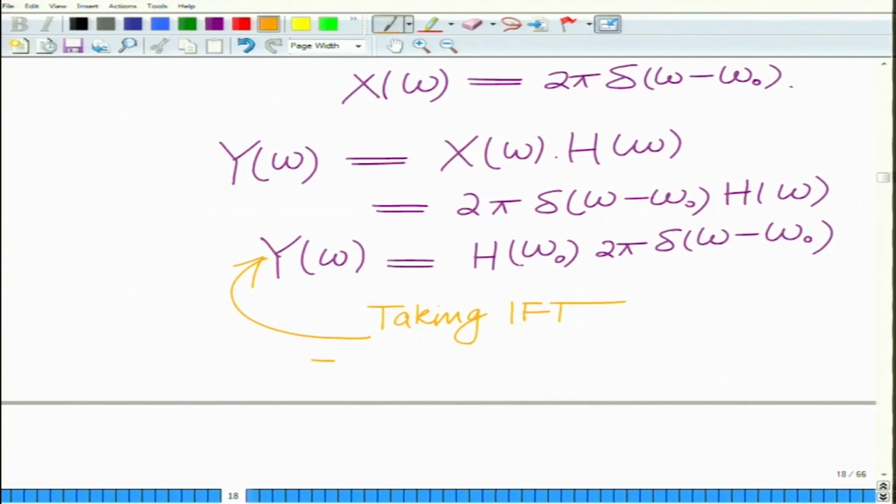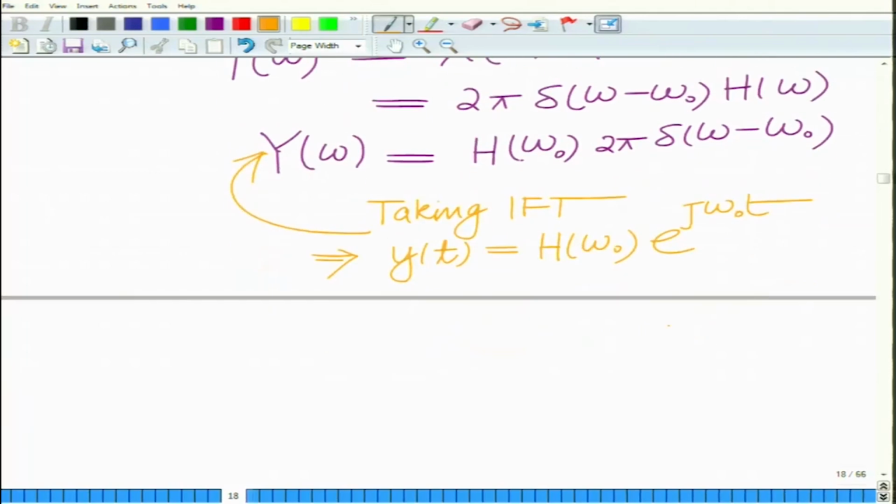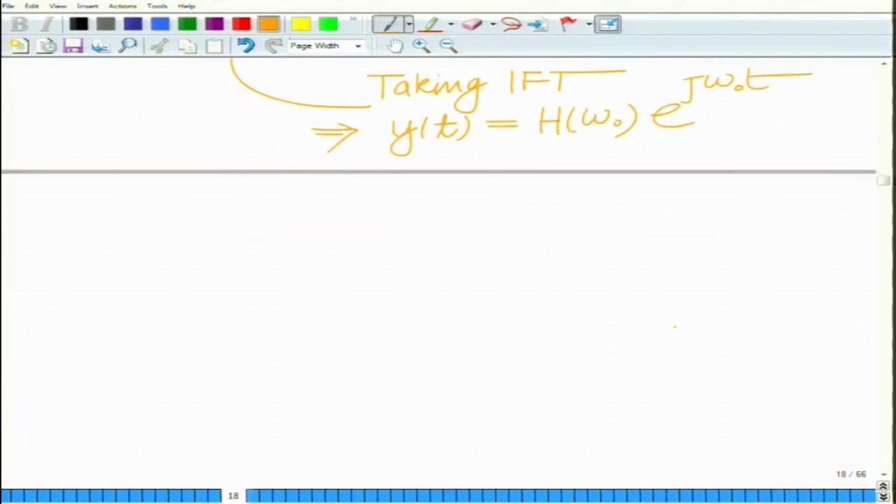So, therefore, this implies y of t is simply H of omega naught times the inverse transform of 2 pi delta of omega minus omega naught, that is e raised to j omega naught t. So, what you are seeing is that if you input a complex exponential e raised to j omega naught t, the output is another complex exponential at the same frequency, simply scaled, amplified or attenuated by H of omega naught. All right.